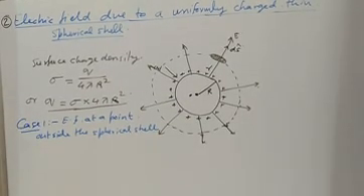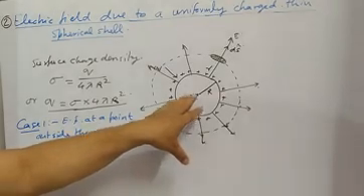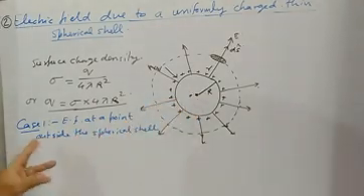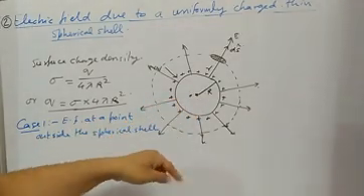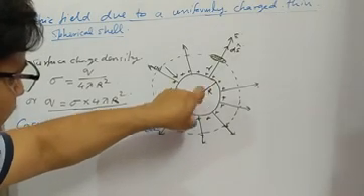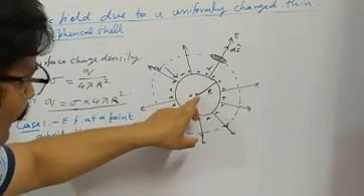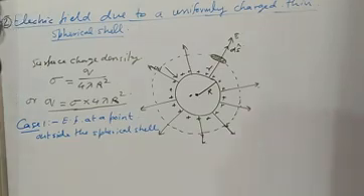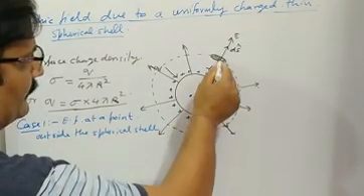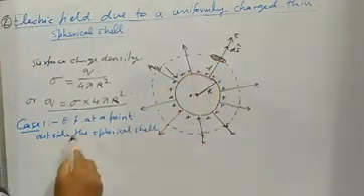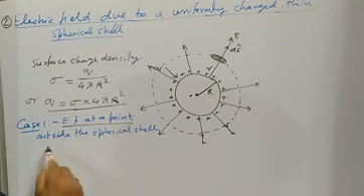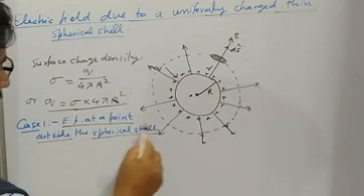Now electric field due to this charged spherical cell can be obtained in three different positions. First, if the point of observation where electric field is to be determined is outside the surface of the cell. Suppose we have to find electric field at this point. Certainly this point is outside the spherical cell.